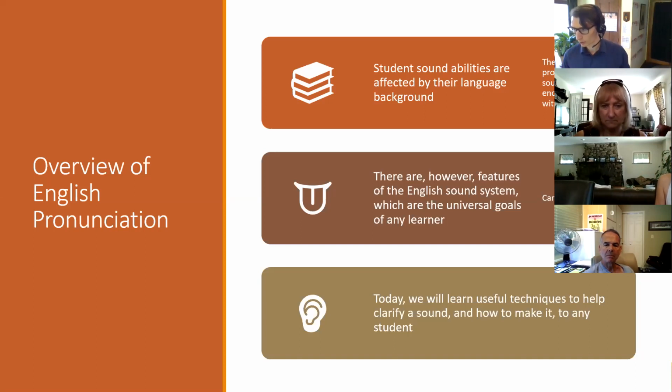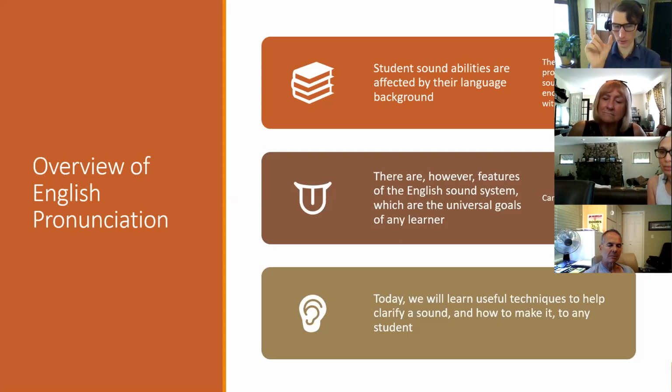So today we will learn useful techniques to help clarify a sound and how to make it clear to any student. Remember, they might have trouble hearing what you're saying, and there's not a direct link between a word that's written and the actual sound that it produces, especially in English.